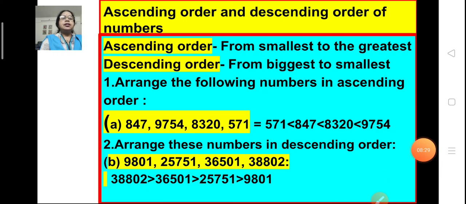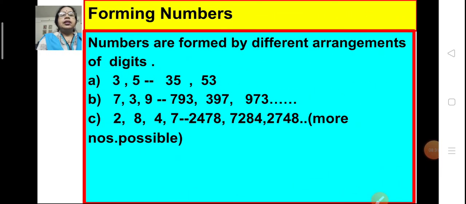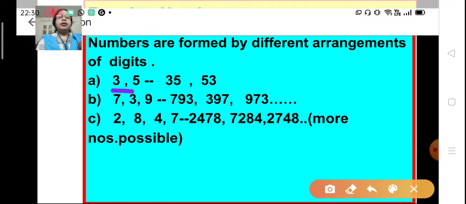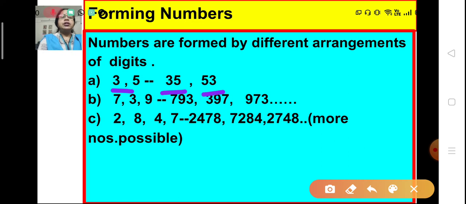Now let's revise the next topic, that is how to form numbers from the given digits. Children, we had learnt that numbers are formed from digits and by different arrangements of digits. Like in the first example, we have 3 and 5, and if we arrange these 2 digits differently, we get 35 and 53.